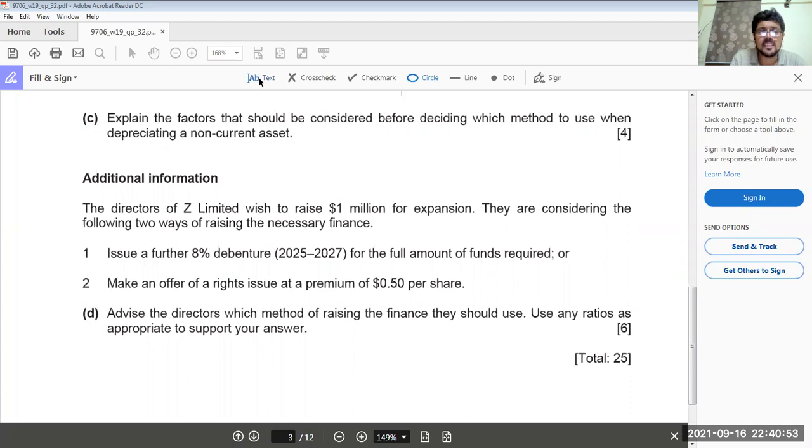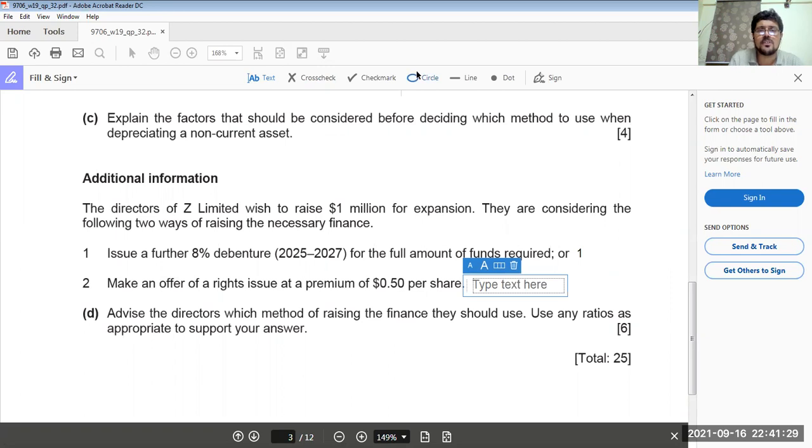If we issue debentures of 1 million, the total debentures would be $1,250,000. If you issue shares, your share capital will be increased by 1 million.